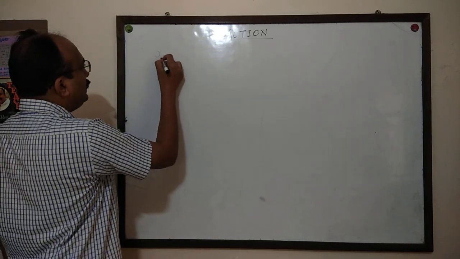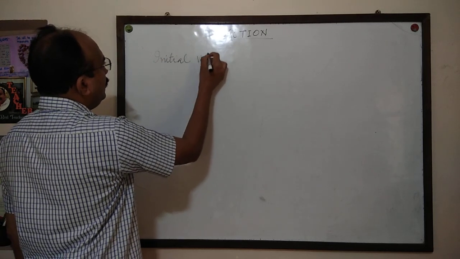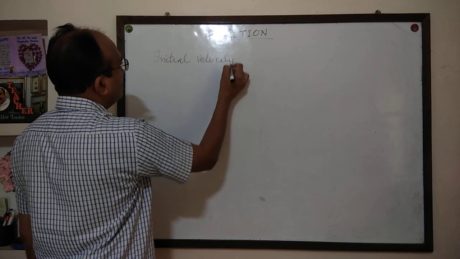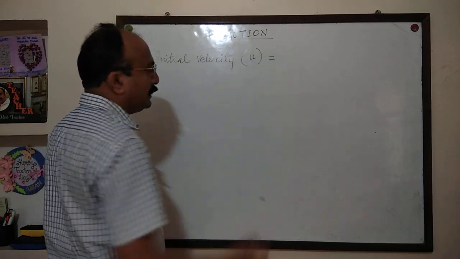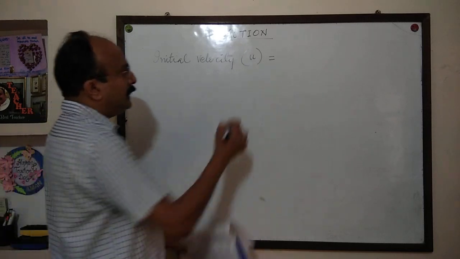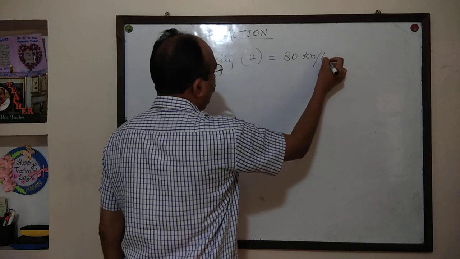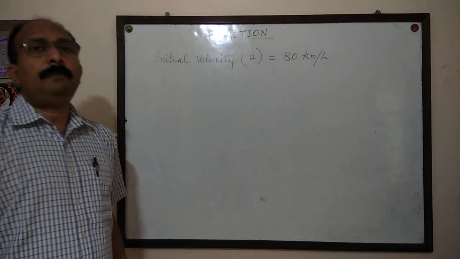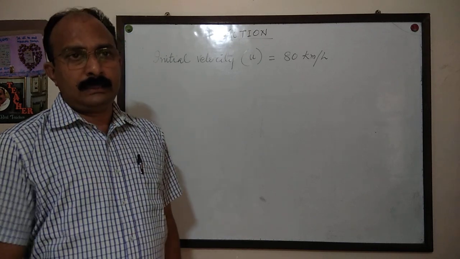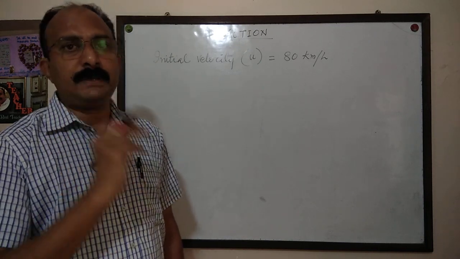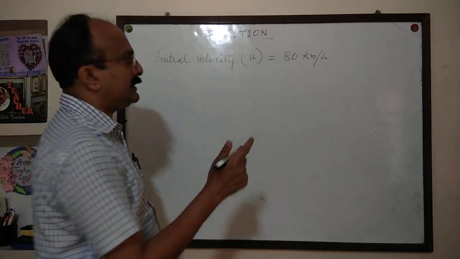So, initial velocity of the bus, and initial velocity is represented by small letter u, is equal to 80 km per hour. But we know that kilometer per hour is not the SI unit of speed. The SI unit of speed is meter per second. So I am going to change this kilometer per hour into meter per second.